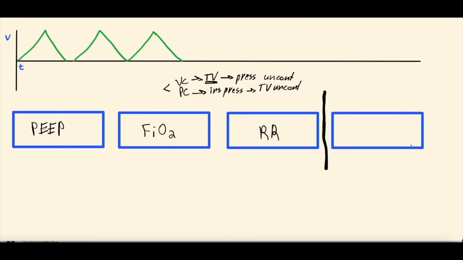The 4th setting on the ventilator is what's going to be different between volume control and pressure control. And for the sake of this video, again, we're going to do a video on pressure control, but in this video we're talking about volume control. So what you're setting here is the tidal volume. And the tidal volume is the cc's, or milliliters, of air that the ventilator is going to deliver per breath.